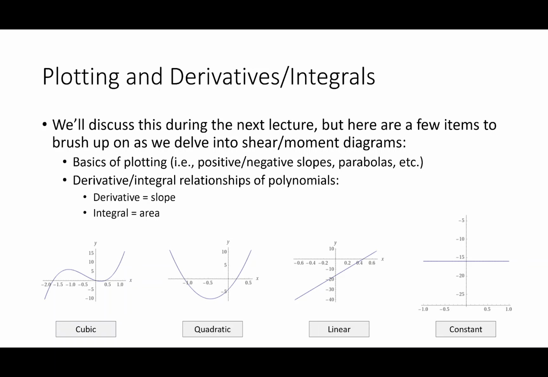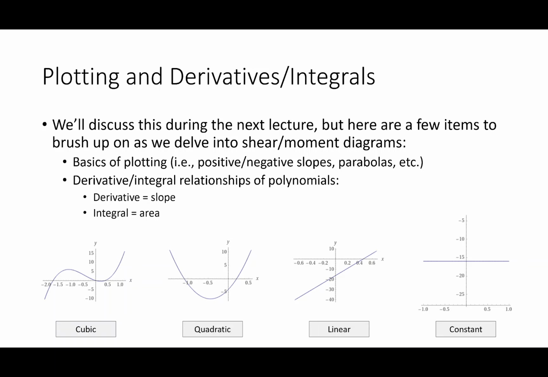What's the integral of that? 2x squared. Now let me ask it a little more generally. What's the integral of a constant a? It's ax. What's the integral of ax? Ax squared over 2. What's the integral of ax squared? Ax to the third over 6, right?